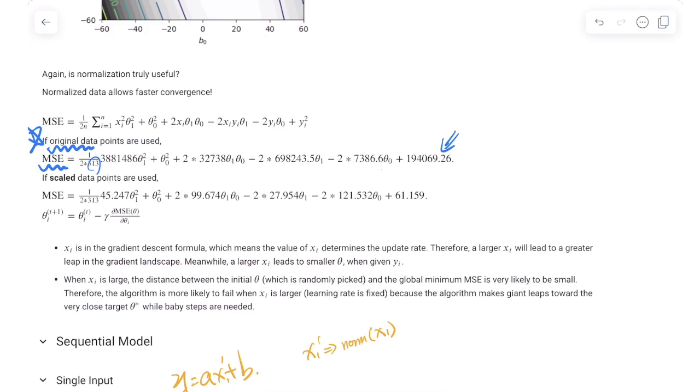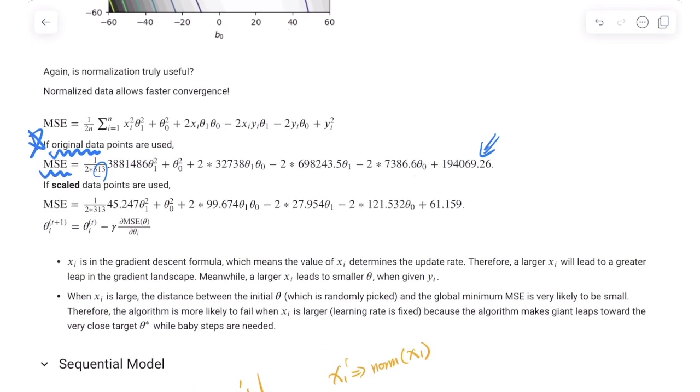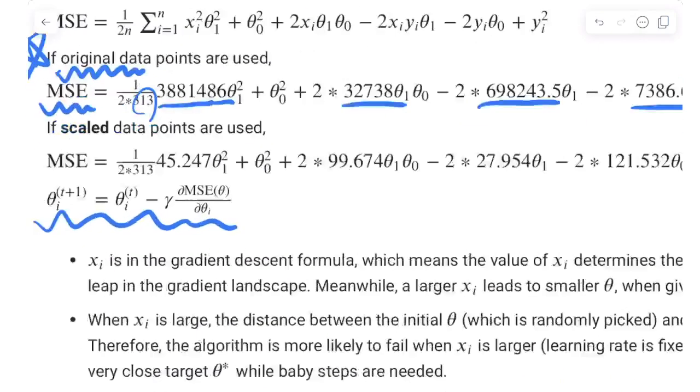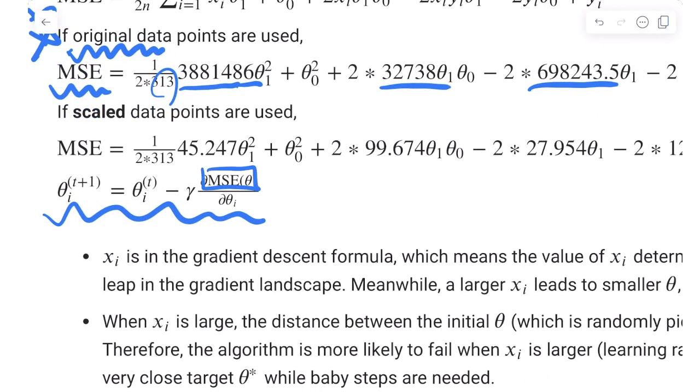We use those 313 data points, and you simply put them into your MSE function. You can see that the coefficients right here are quite large. That's because your x value and y value are large. So that indicates that when we do gradient descent, this part will be very large.